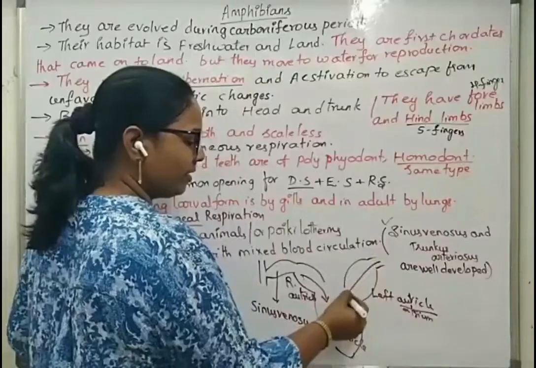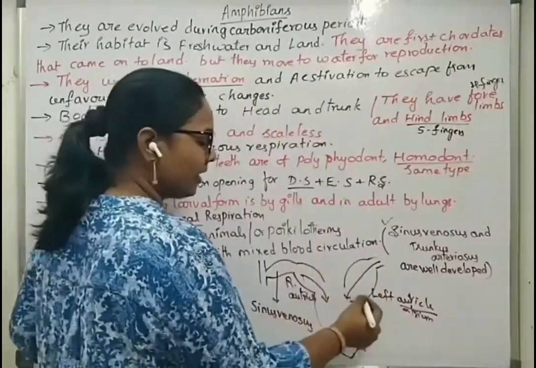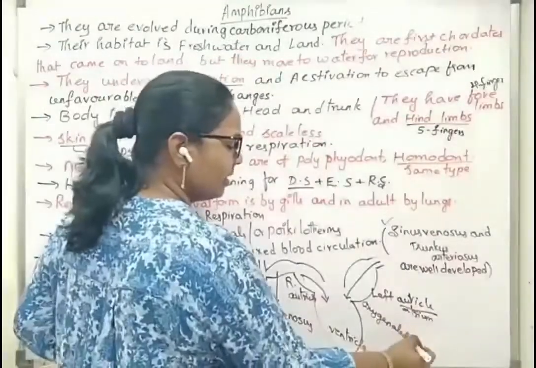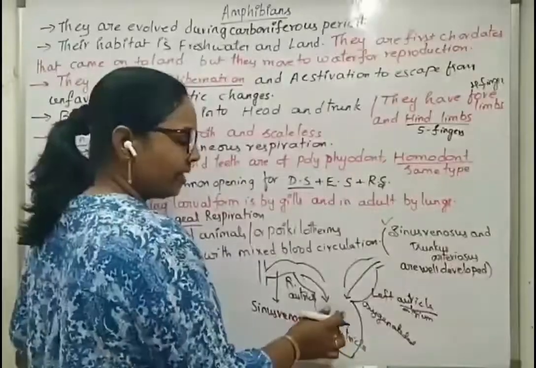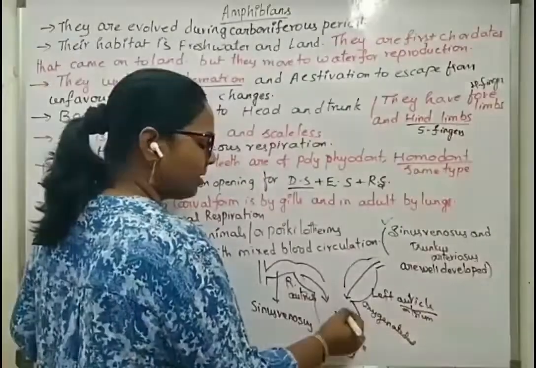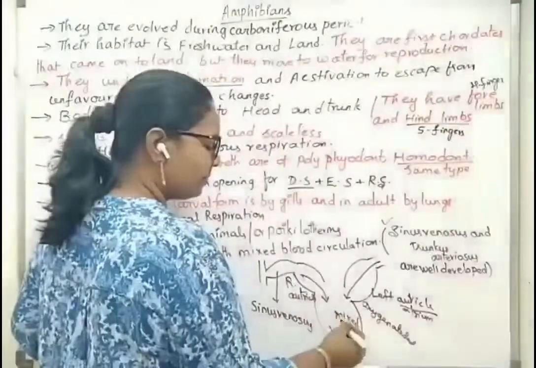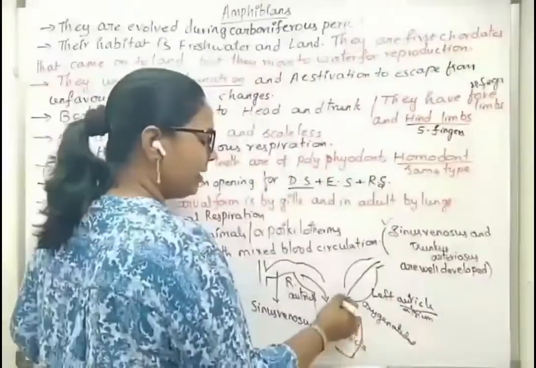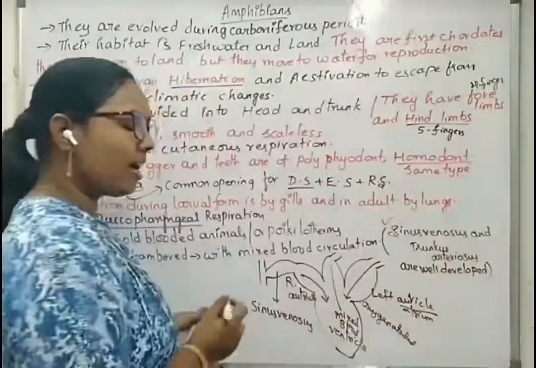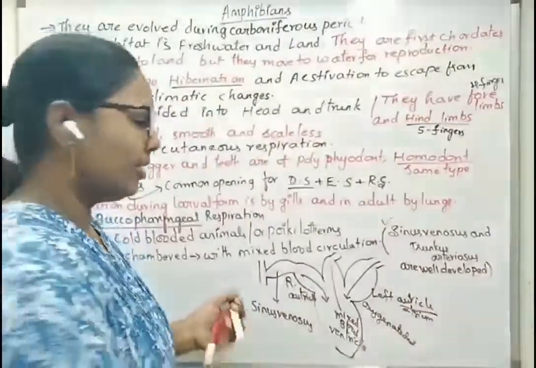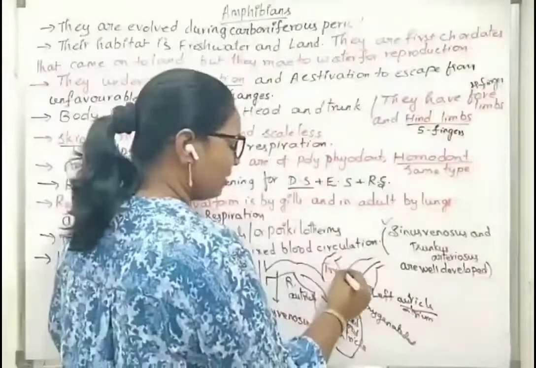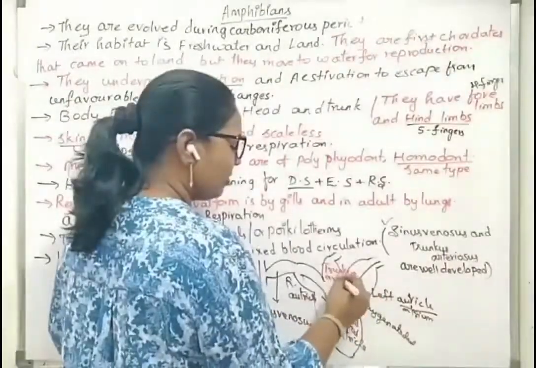Through the left atrium, oxygenated blood is pumped again into the ventricle from the lungs. Now here blood is mixed and then it is pumped through the common outlet, called truncus arteriosus, again into lungs and body parts. So here it is truncus arteriosus.